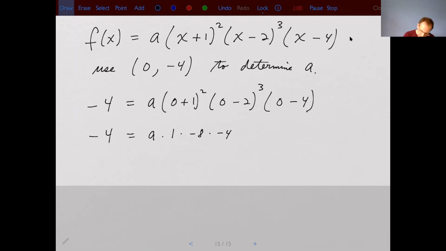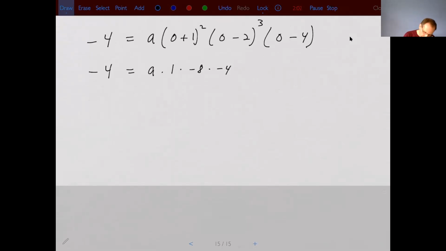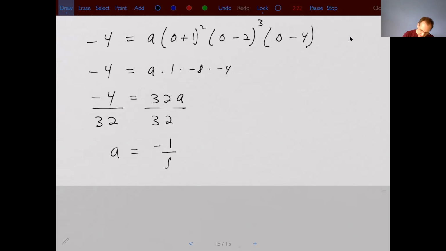So this is saying that -4 is equal to 32a. Then I can solve for a by dividing by 32. It looks like a in this case, if I simplify, is going to be -1/8, because 4 goes into 32 8 times. Great, so we found a.